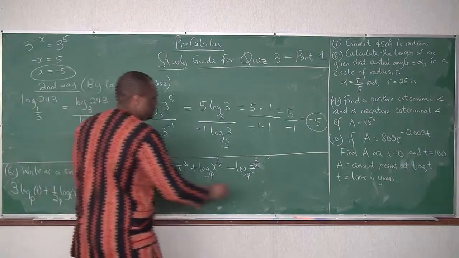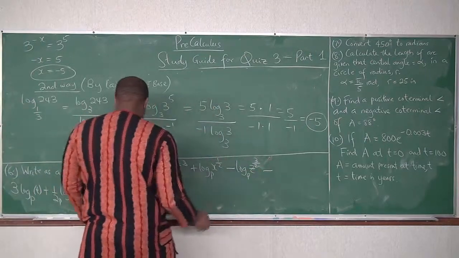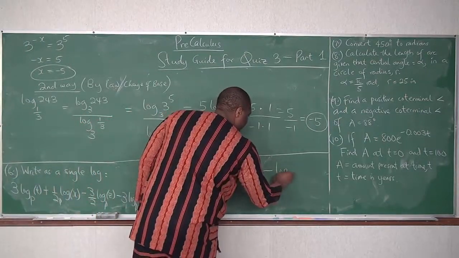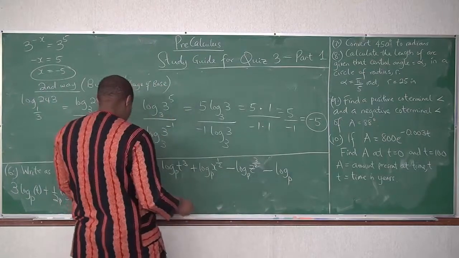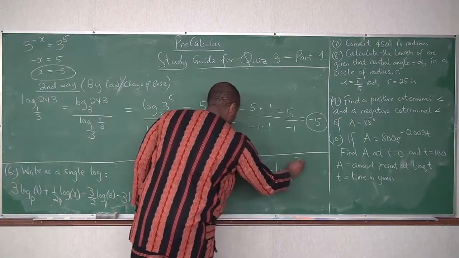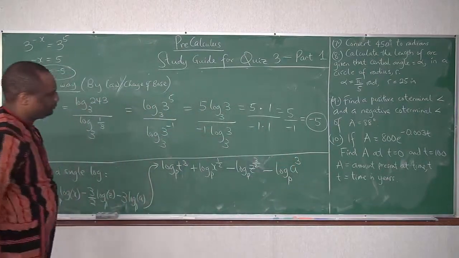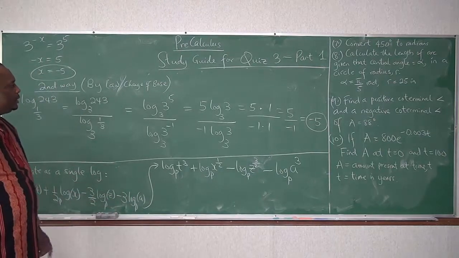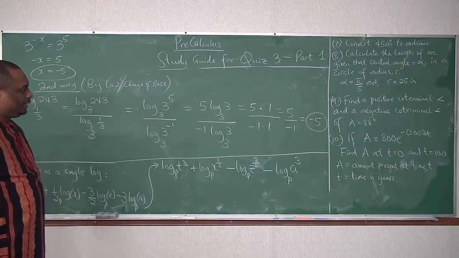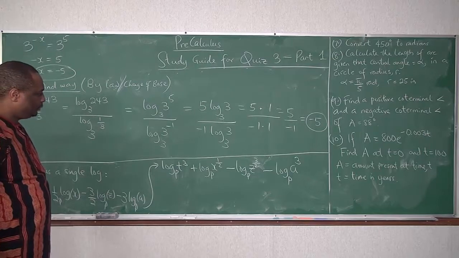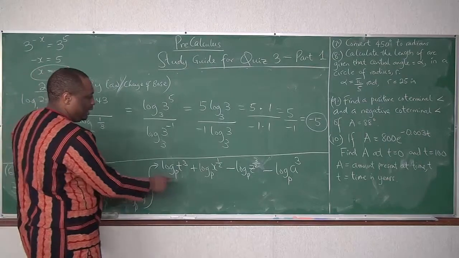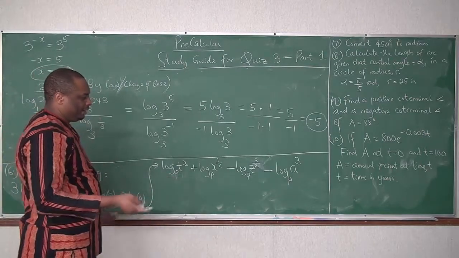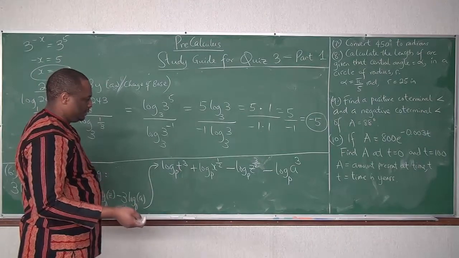Then minus log base p a cube. You see that? So what will this give us, folks? What will it give us? We have from the law of logarithms, you remember the law of logarithms, okay?